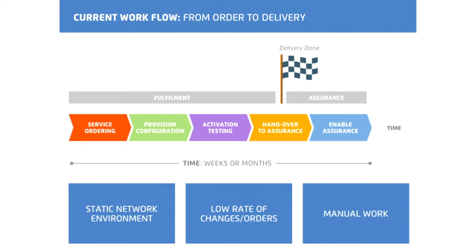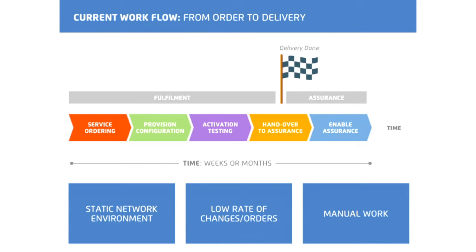In many cases, the delivery would now be considered as done, and it now becomes the assurance team's responsibility to supervise the service as it goes into production state. A worrying fact for many network operators is that it often takes weeks or even months to go through all these stages, especially if a new service is being launched.